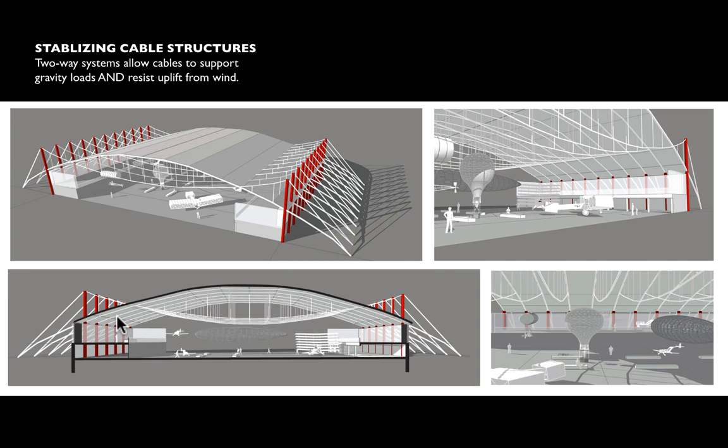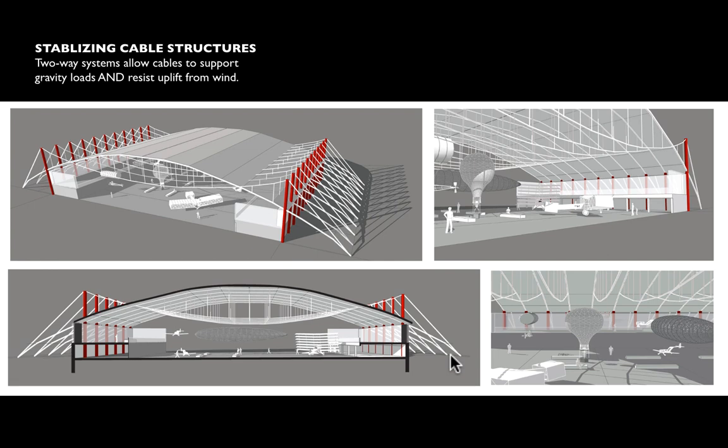And so you can imagine that if a wind comes along and spills over the front, creates an eddy that is actually trying to suck the roof up off of the ground, then this secondary set of cables will go into tension and will actually hold the roof down, right? So we're designing one cable system that's holding the roof up and one cable system that's holding the roof down.